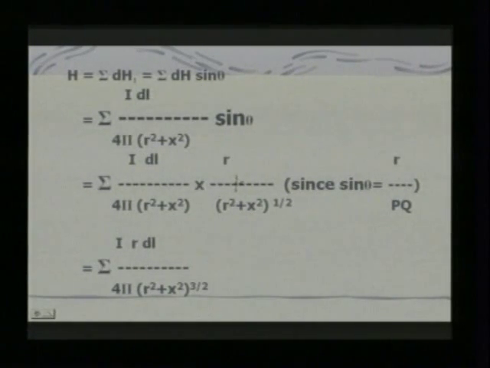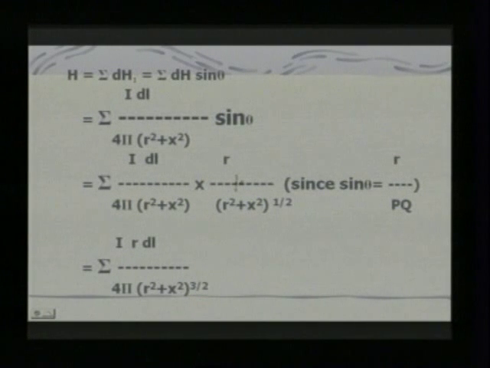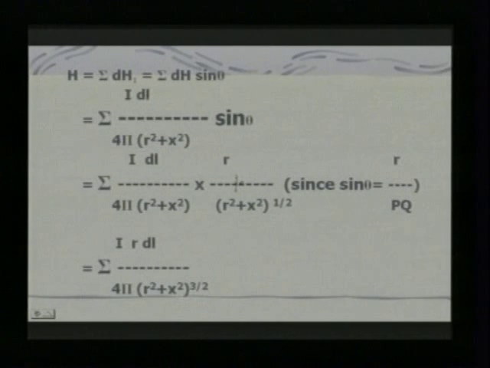Therefore, that is equal to sigma I dl by 4 pi (r square plus x square) multiplied with r by root over (r square plus x square), since sin theta in the given circle is r by square root of (r square plus x square). Therefore, that is equal to sigma I r dl by 4 pi (r square plus x square) whole to the power of 3 by 2.